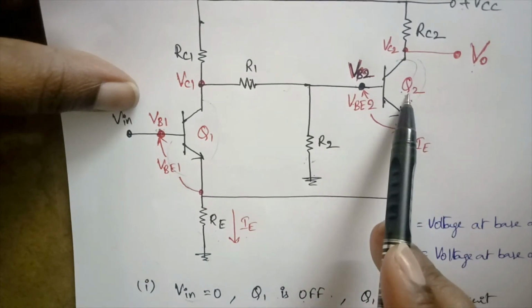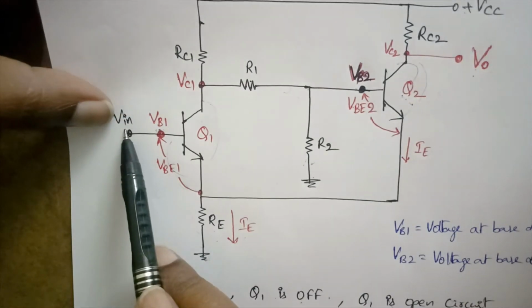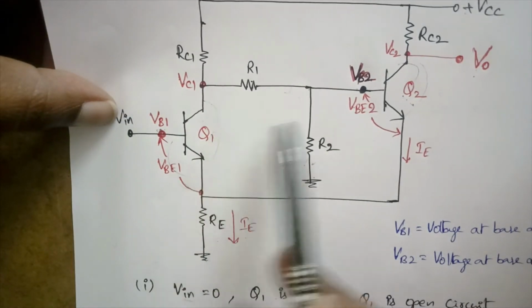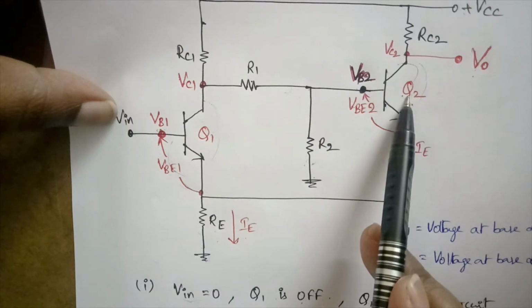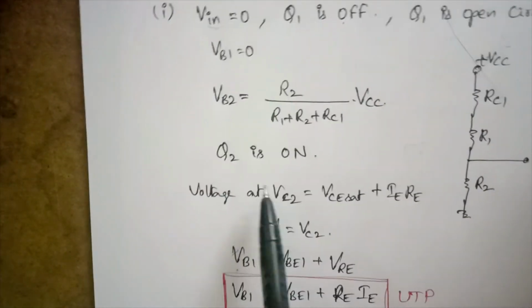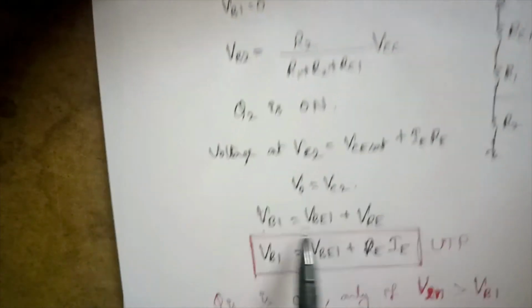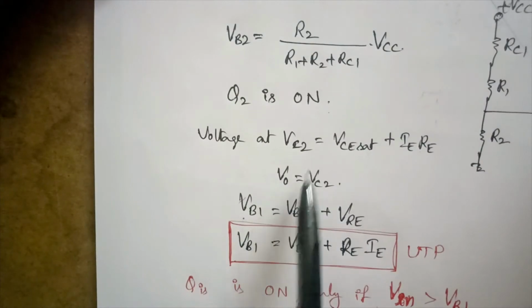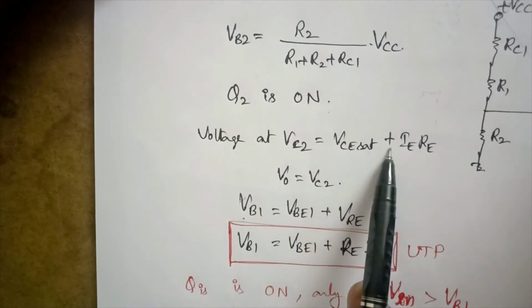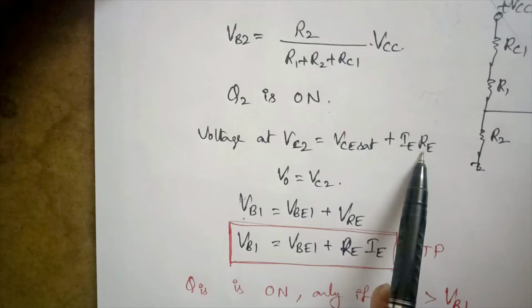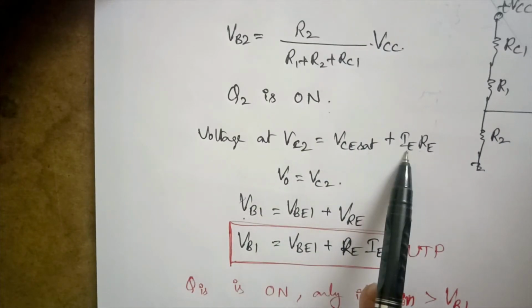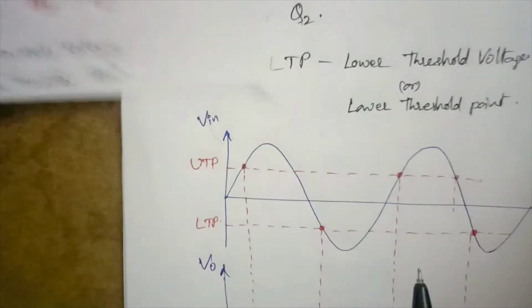So when Vin is equal to 0, Q1 is off, Q2 is on. When Q2 is on, VC2 value is Vo. That VC2 value is VC SAT plus the drop across IERE, so it has some voltage.